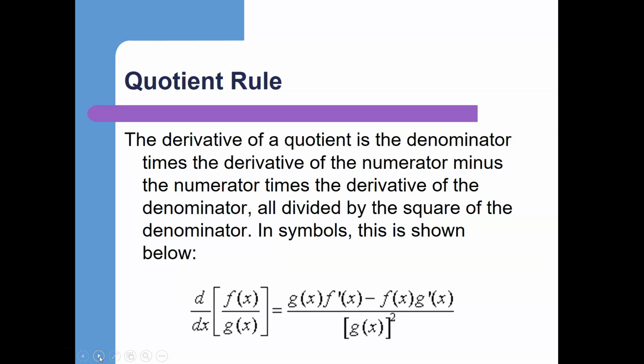It's the derivative of the numerator times the denominator, minus the numerator times the derivative of the denominator, all over the denominator squared. That will play in your head as you're doing this. It's very similar to the product rule, except there's subtracting and it's reversed.